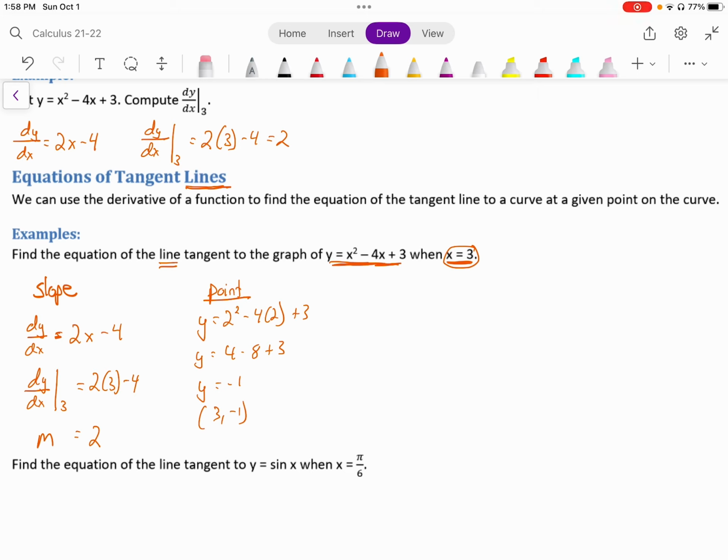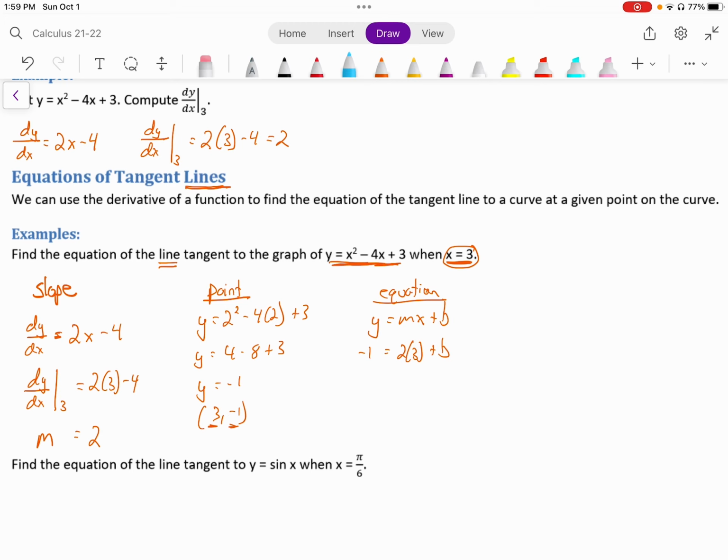And now the equation, so again, this is back to Algebra 1. Sorry for that writing. y equals mx plus b. We're going to plug in our slope, which is 2. We're going to plug in our x value and our y value, and that will help us find b.